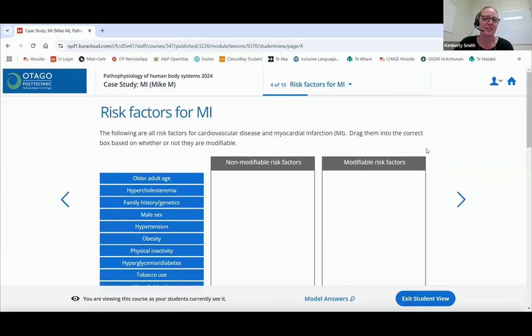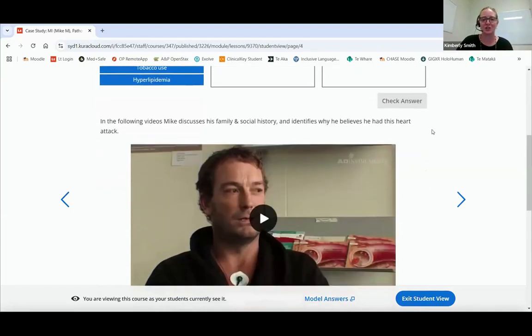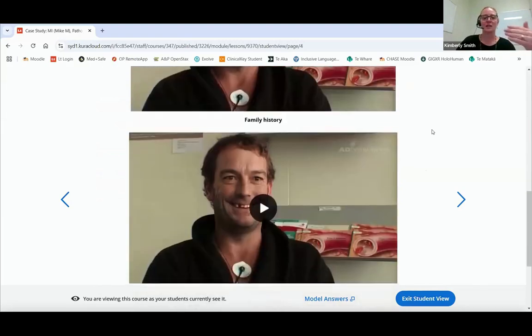And then we go through various things like risk factors. I'm linking this back to a previous LT lesson and lecture that was covering myocardial infarction generically, just as a pathophysiology topic. And now we're looking specifically, so I'm able to bring things from previous lessons into the case study to integrate, to remind them, remember we covered what risk factors are. And now let's listen to Mike talk about his history.